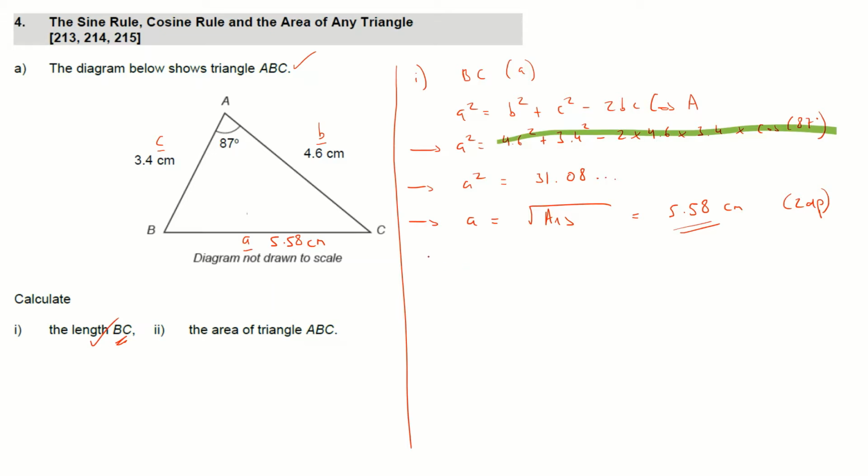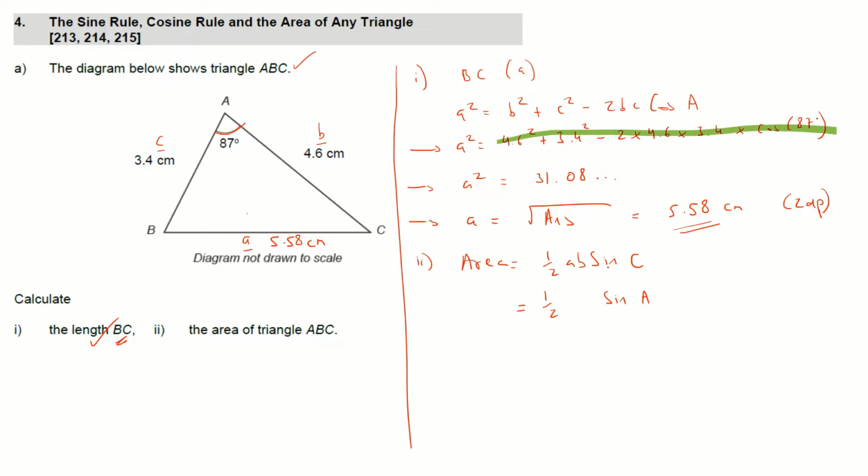Done. Right then, now I need the area of triangle ABC. Remember, the formula for the area of any non-right angle triangle is 1/2 ab sine C. But I can't use that version for this triangle because I don't know angle C. Remember, you can interchange these letters. Because I know angle A, I want this to look like sine A. And the pattern is whatever angle you've got here, the other two sides go here.